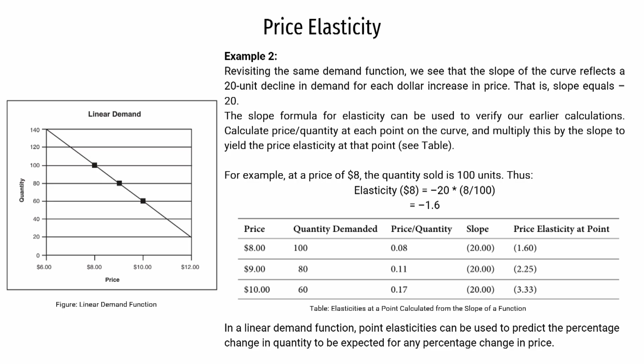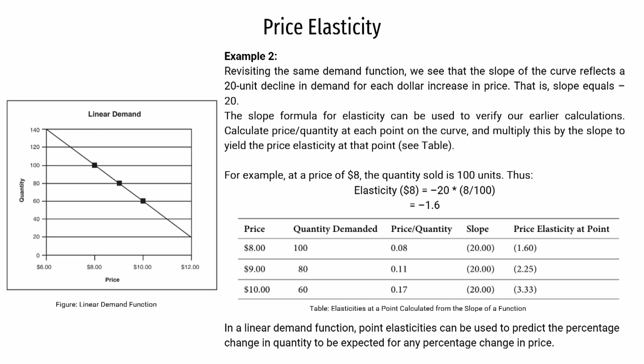And what will be our price to quantity ratio? Price is $8, units sold is 100, so it is 0.08. Now, you can simply multiply the slope with this price to quantity ratio, and that will give you a value of minus 1.6.